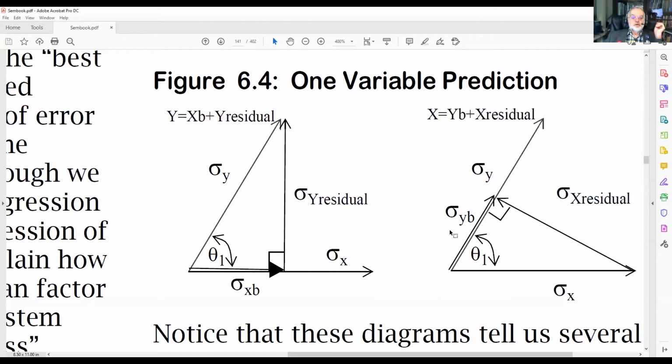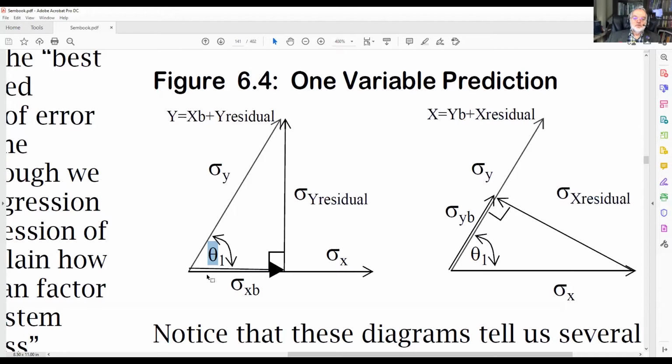So here we have two variables, x and y, and the length of this line is the standard deviation of x, and the length of this line is the standard deviation of y. And the correlation between the two is the cosine of this angle. Remember that I can multiply any vector by a constant.